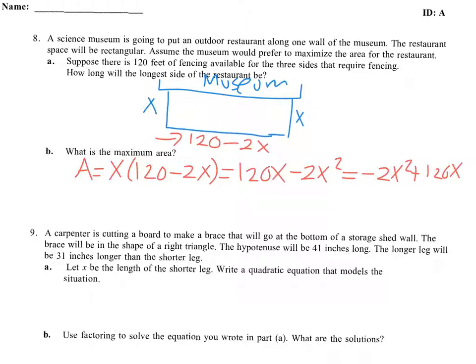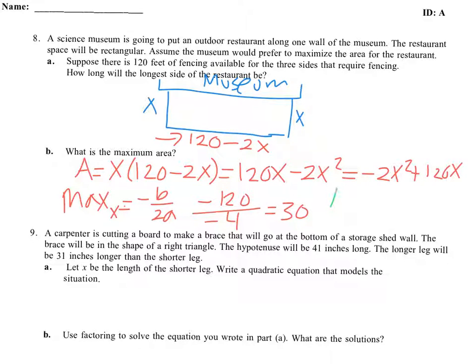We know that the maximum occurs at negative b over 2a. So we're looking at negative 120 over negative 4, which is 30. So x equal to 30 would give us the maximum area.